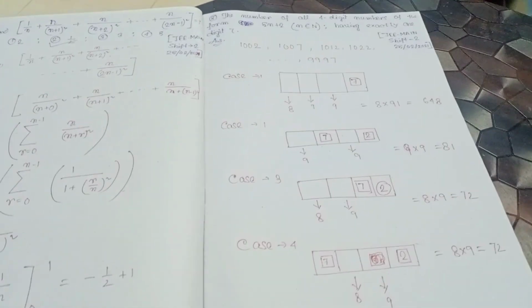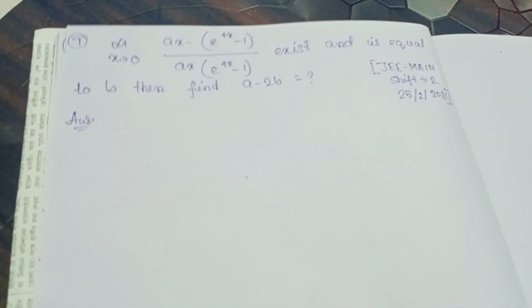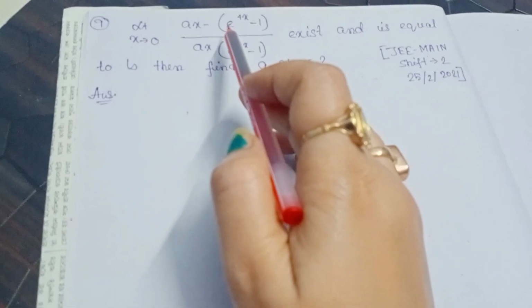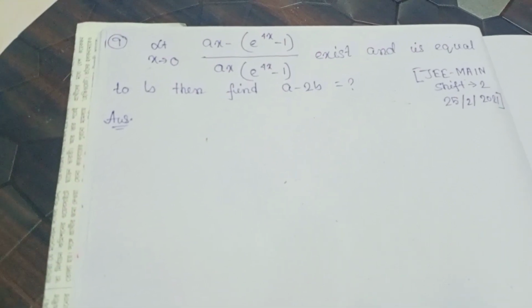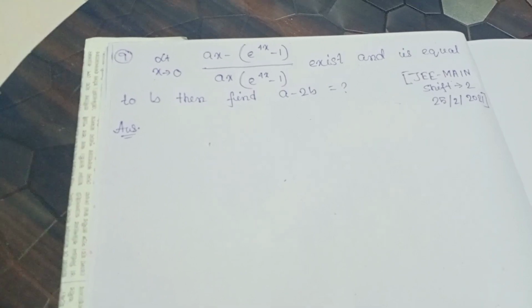Now moving to question 9. Question 9 says: limit x tends to 0, (ax minus e to the power 4x plus 1) divided by ax into (e to the power 4x minus 1) exists and is equal to b.